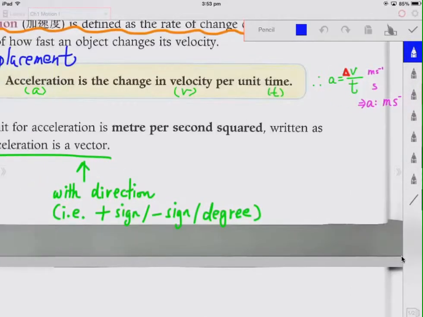On screen, you can see this formula: a equals delta v over time. Do you still remember what is delta v? In the last session, we have learned delta t. Delta means change in. So sometimes textbooks write delta v, meaning change of velocity.